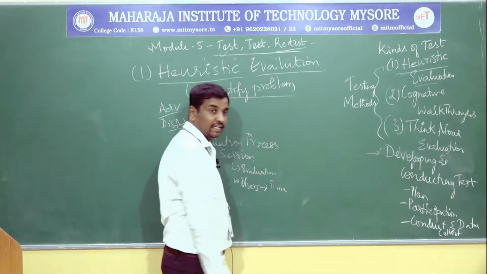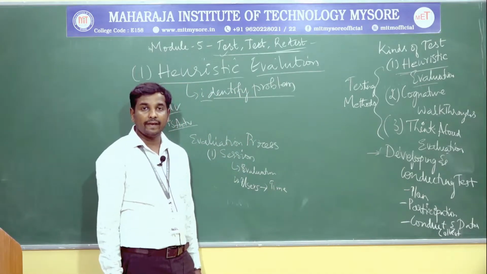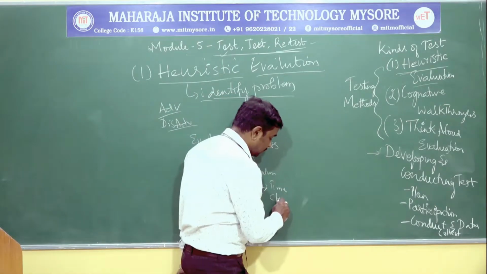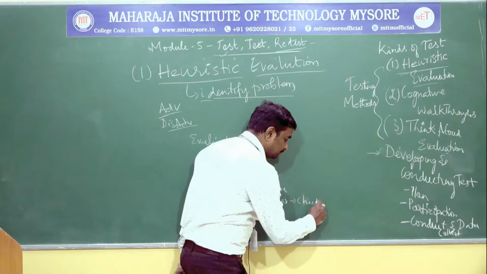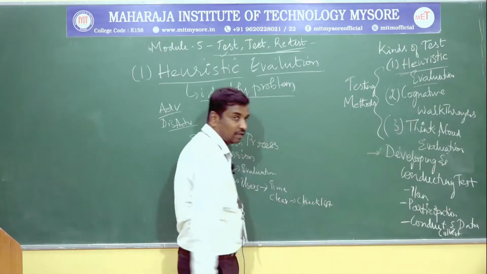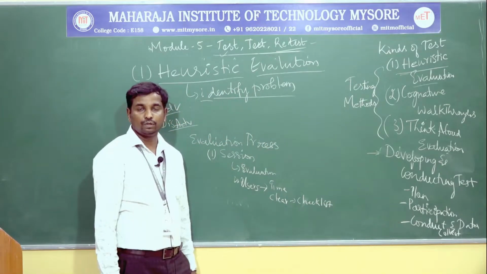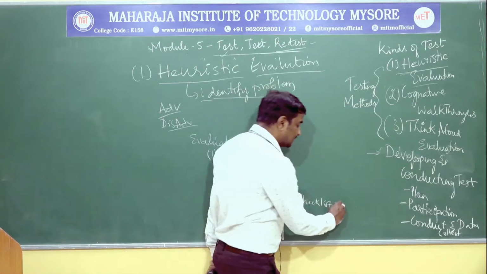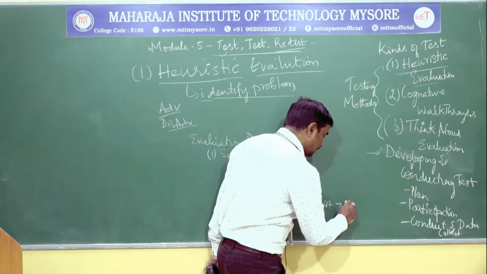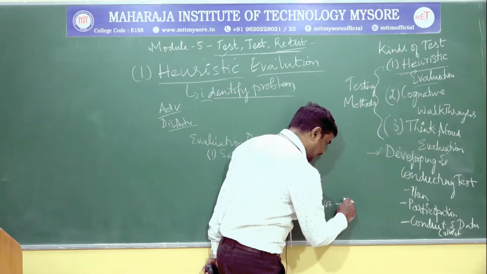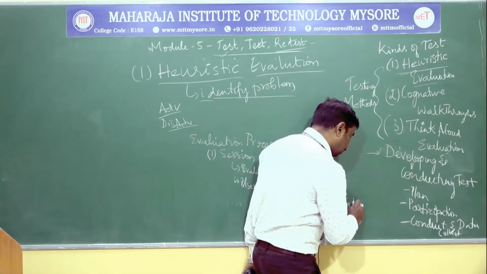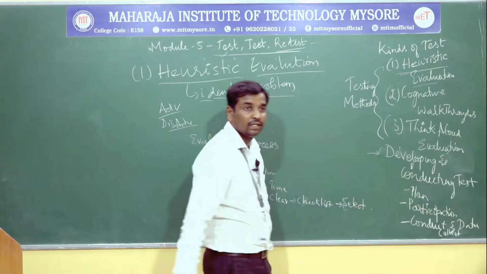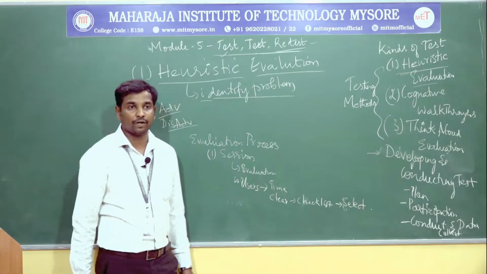Okay, and he needs to give a clear picture of what he wants to do in the form of a checklist. So what type of task he wants to do, and the checklist needs to be identified, and he wants to select those checklist items when he is going to execute the process.